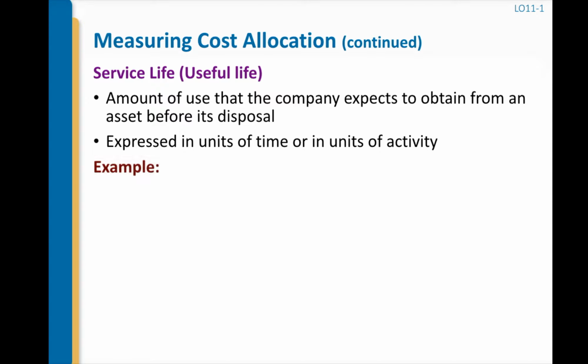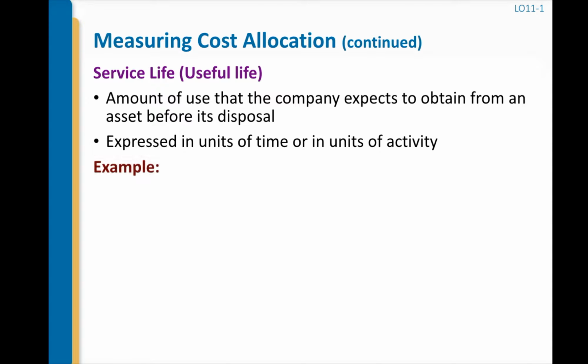When we talk about allocation base, this is just, in English, how much are you spreading out over whatever method you're using to break up these payments, or the recognition of this payment. Okay, so if you're using depreciation, this is the dollar figure that you're going to divide up by the total useful life, or that you're going to allocate using the double declining balance, or whatever method you're using.